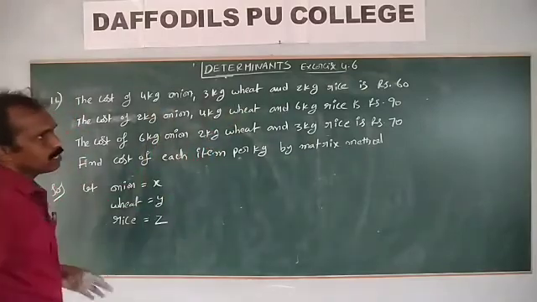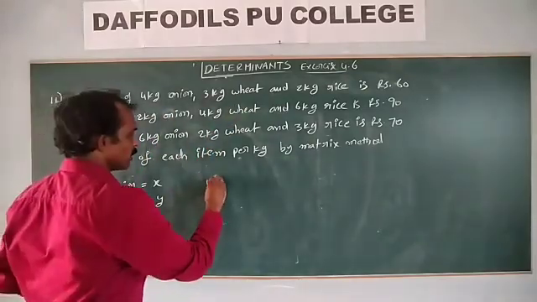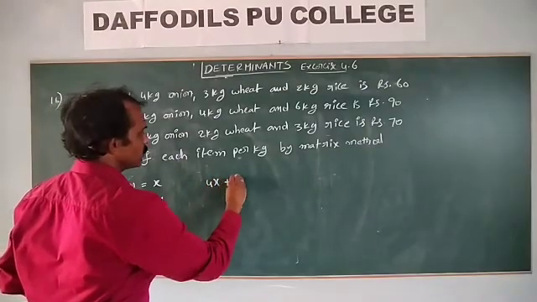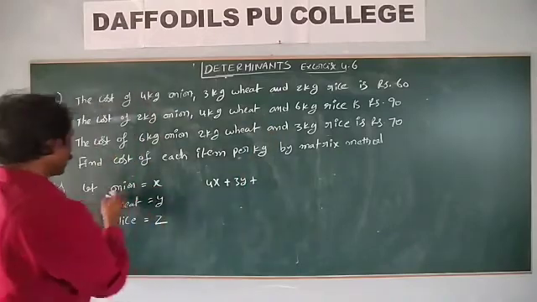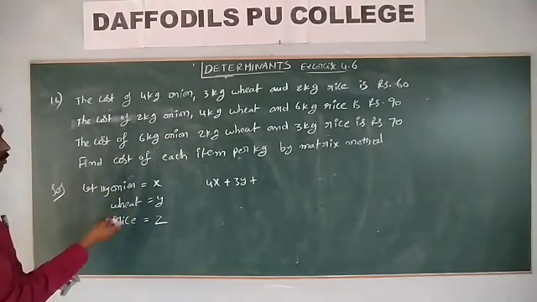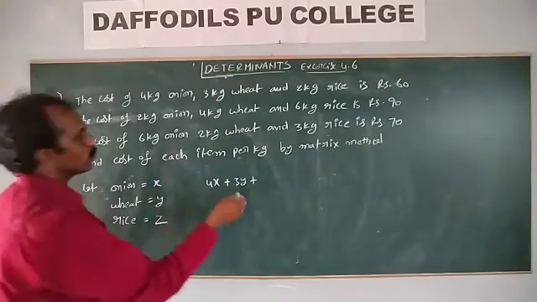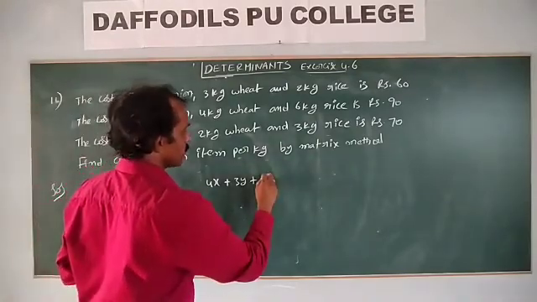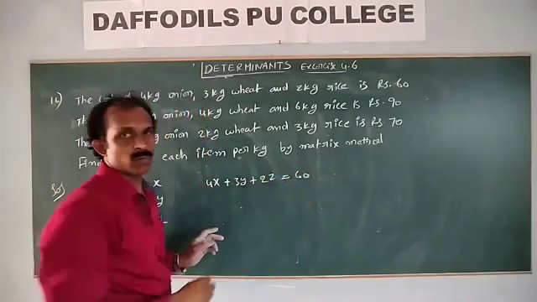Depending on the given statement, 4 kg onion, 4x plus 3 kg wheat, 3y, plus 2 kg rice, 2z, total cost is equal to 60 rupees. So 1 kg onion, let it be x, 1 kg wheat is y.